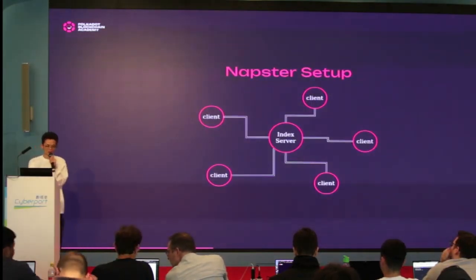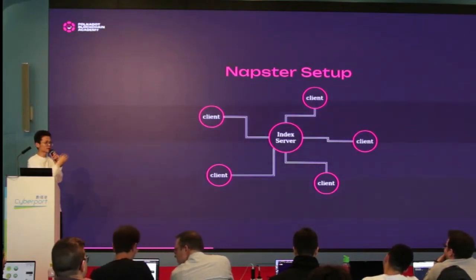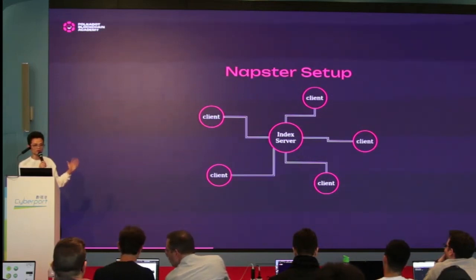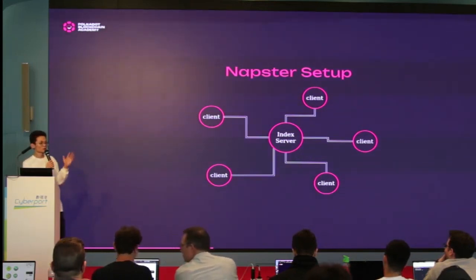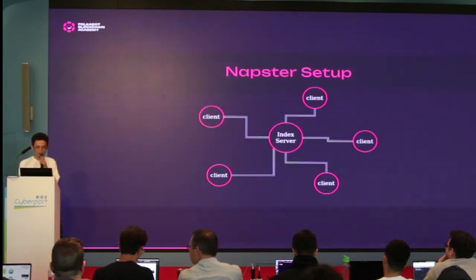If you look at the system architecture, you will see there are some clients and the index server. The index server is only responsible for storing which data are located at which client.